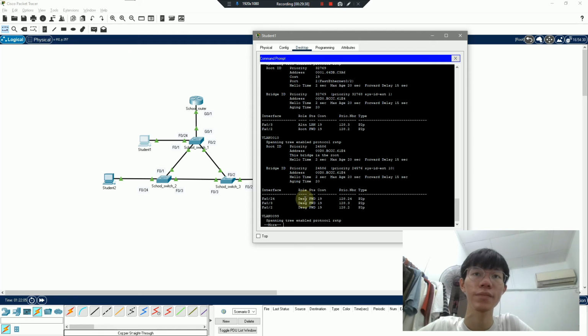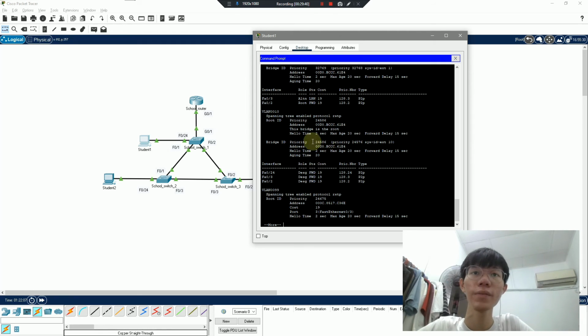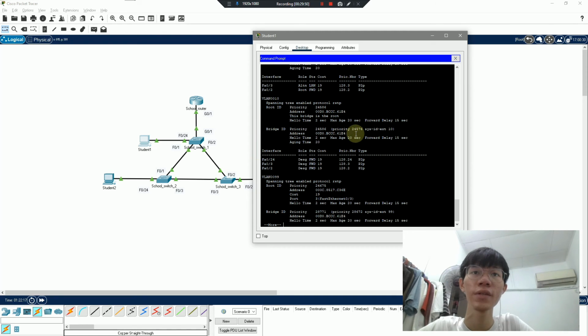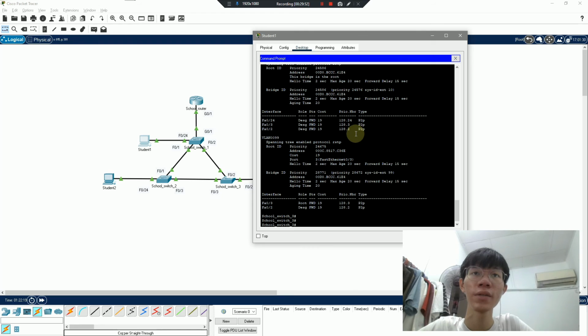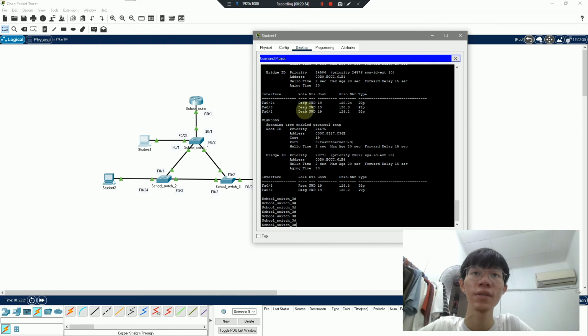For VLAN 10, the bridge is the root, which means switch 3 is the root for VLAN 10. And for VLAN 99, FastEthernet 0/3 is the root port.